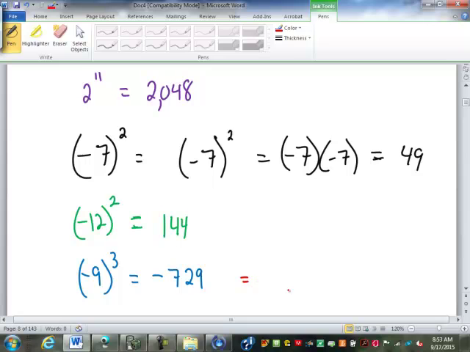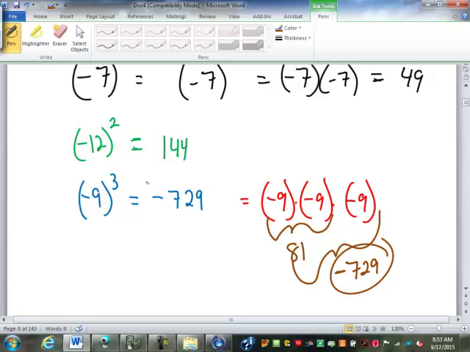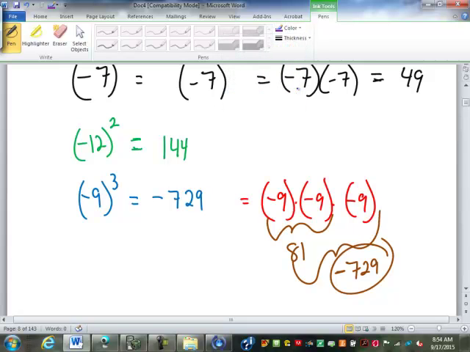Well, let's look at it. -9 to the power of 3 is -9 times -9 times -9. If we were to do that out step by step, of course, negative 9 times negative 9 would be a positive 81. Times another negative 9, well, positive times a negative is a negative 729. So negative 9 to the third power, it is possible for that to come out negative.